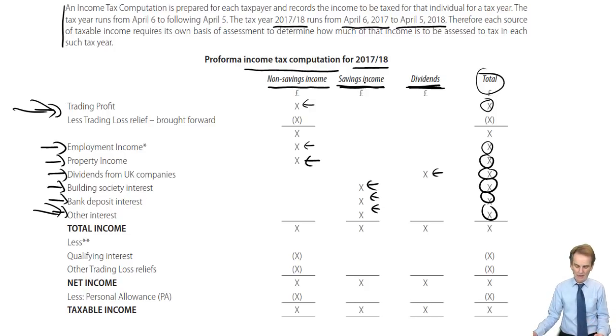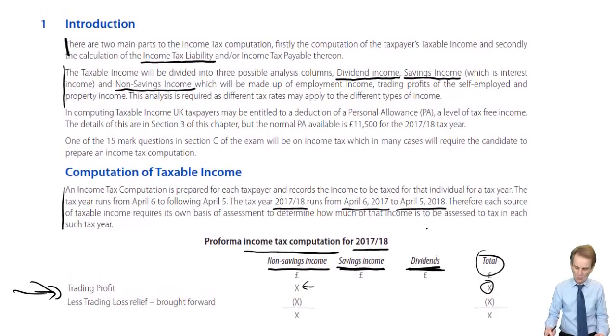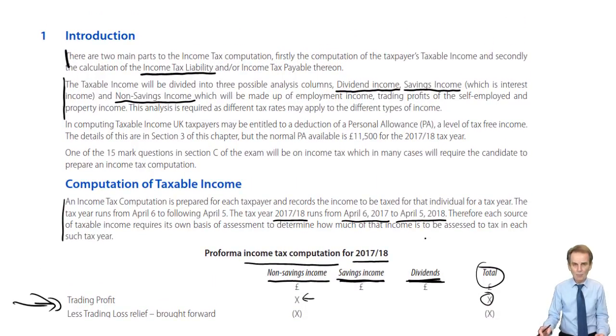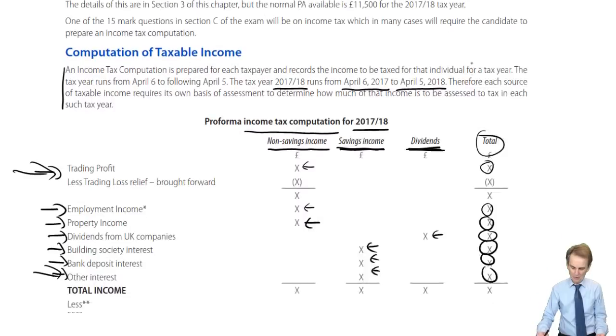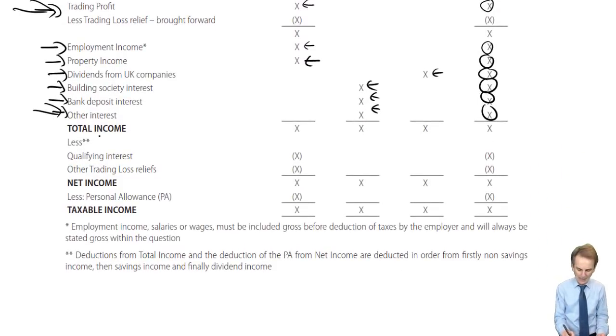What that will allow you to do, therefore, is, again, we just go back, see what we've got. We are able, by listing out all these sources of income, analysing into non-savings, savings and dividend, to bring us down to what will then be our total income. Now, if we look on the pro forma, there we have it, our total income.